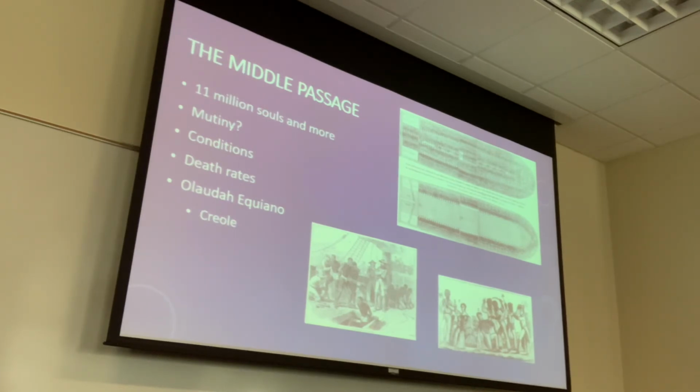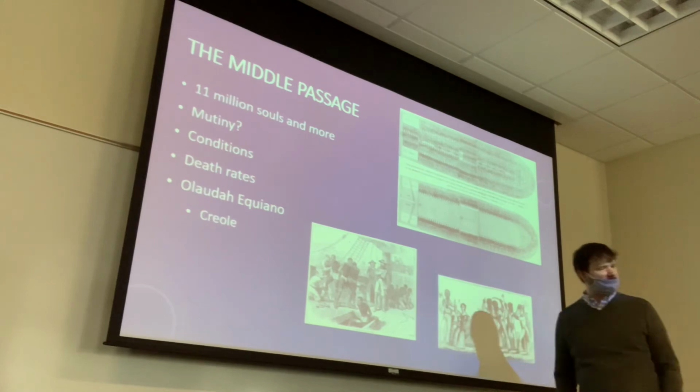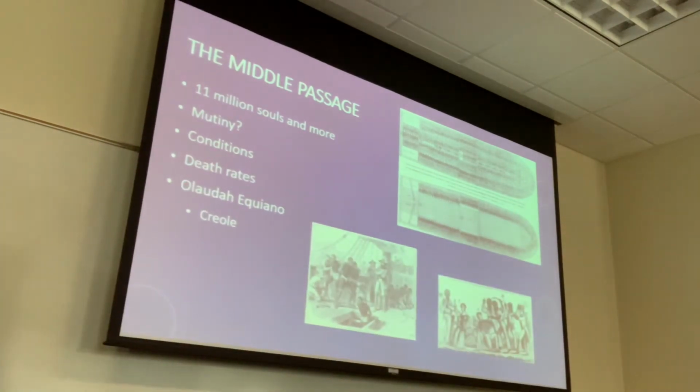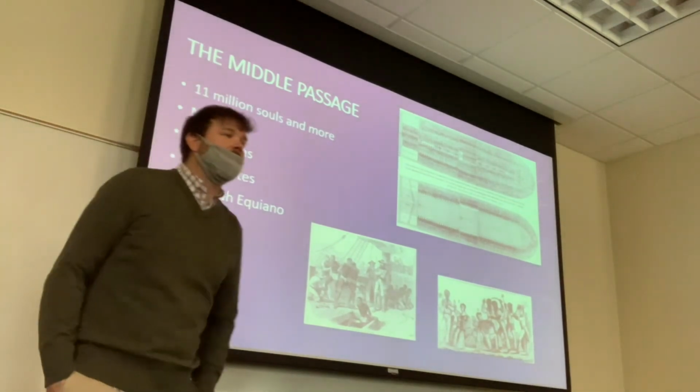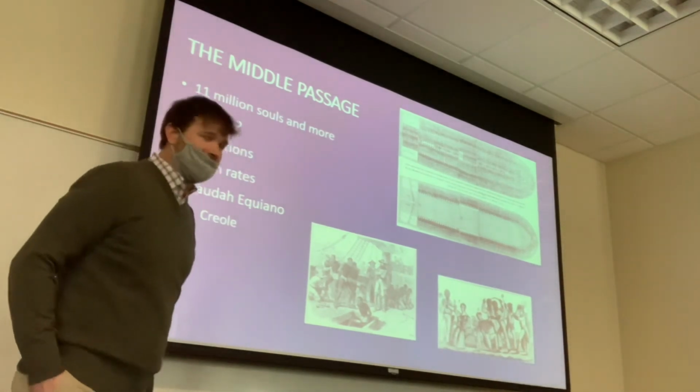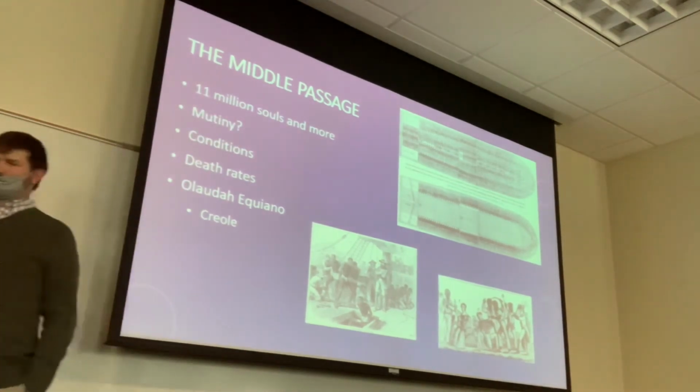Even given that fact, the average death rate on these journeys was something like 15% because the conditions were so putrid. And it could be as high as 40 or 50% if there was an outbreak of disease, which could ravage the crew, same as it could the slaves. I don't have to stress the significance of disease anymore. I'm wearing a mask over my mouth, for God's sake.